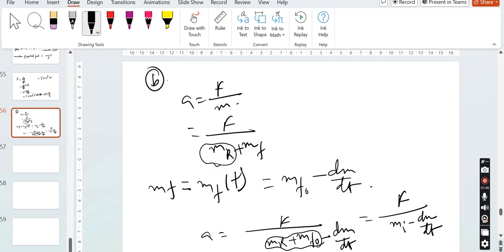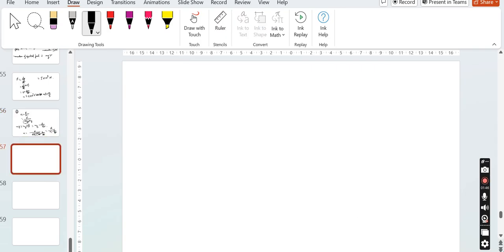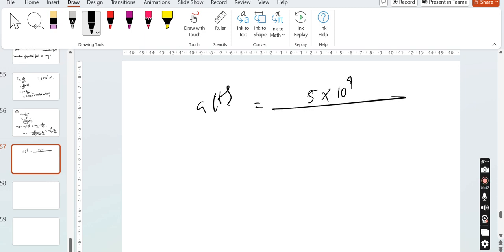Basically, a as a function of t is 5 into 10 to the power 4 by 2 into 10 to the power 4 kg minus 2 into 10 to the power 2 kg per second into t.